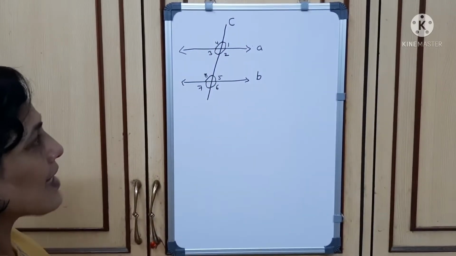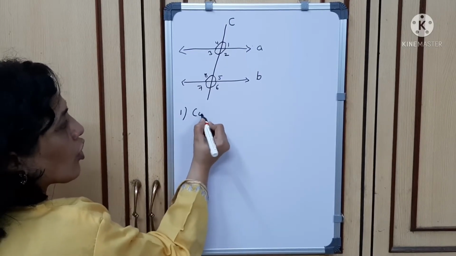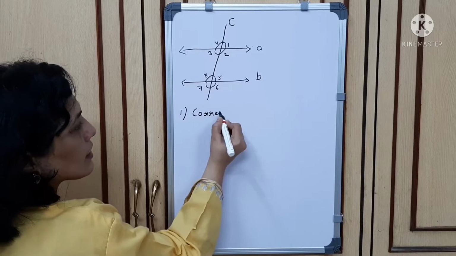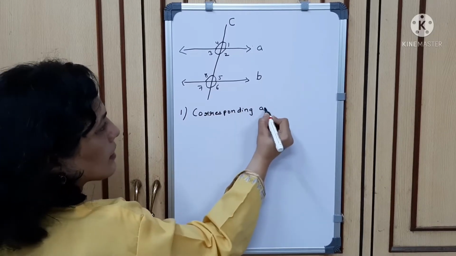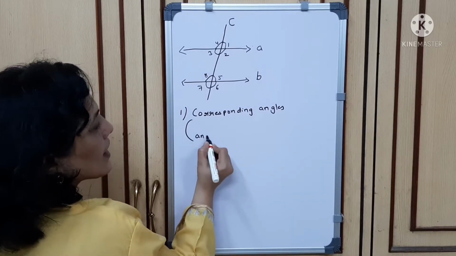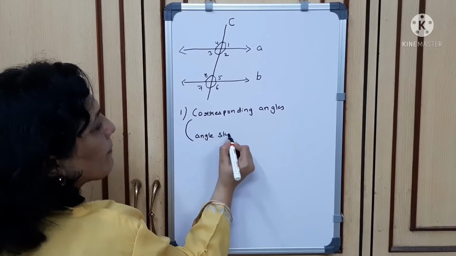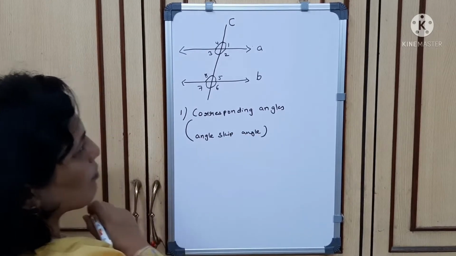Okay, so let us start with the first type of angle, which is corresponding angles. Or we can also call it angle skip angle. Now why is it called angle skip angle?